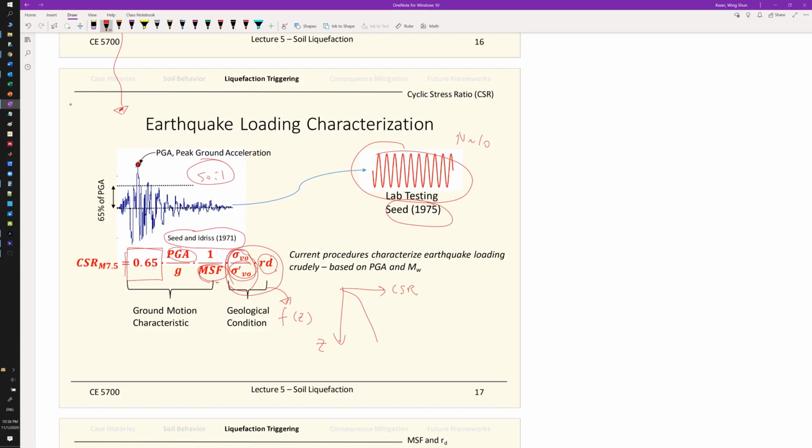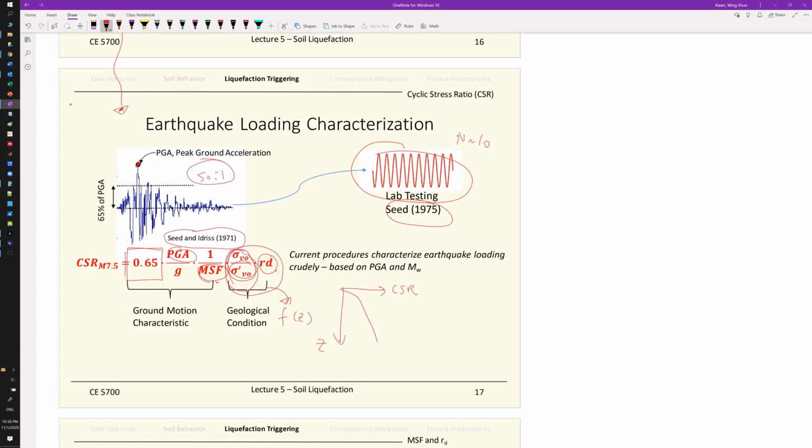That is what laboratory modeling did in the early days, and we are still doing it today. That's why Harry Seed is said to be the father of geotechnical engineering. Pretty much he laid down the foundations for us to follow.